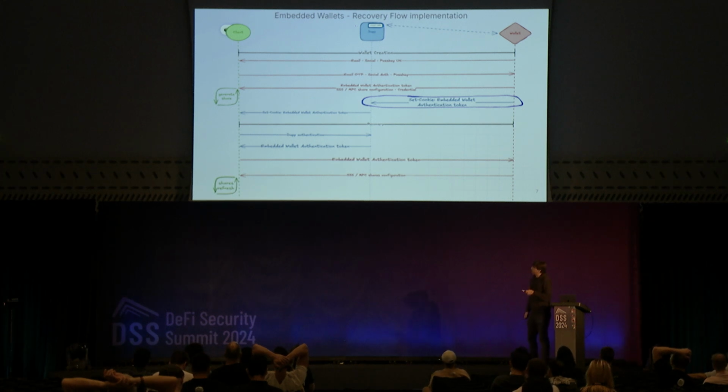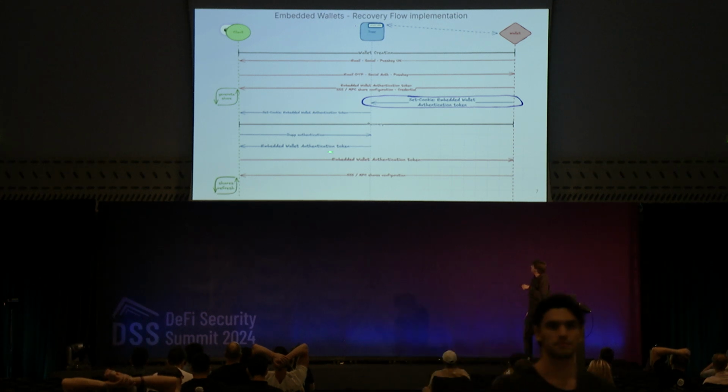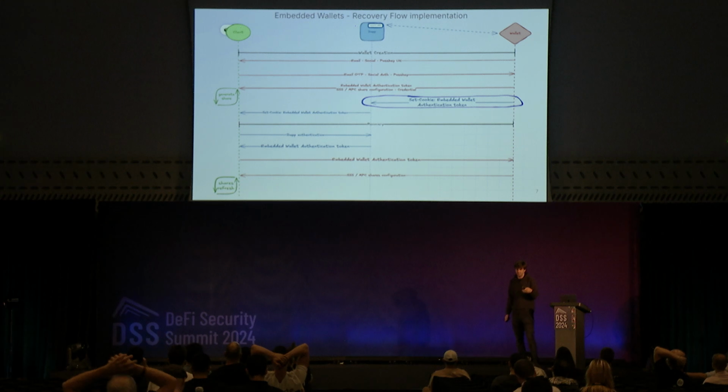And so whenever you change device, you're going to authenticate with the decentralized application, and then the decentralized application is going to return the embedded wallet authentication token. You're going to use this token to authenticate with the wallet provider, and then you'll be able to perform a key share refresh and generate new shares, and so get access back to your wallet.